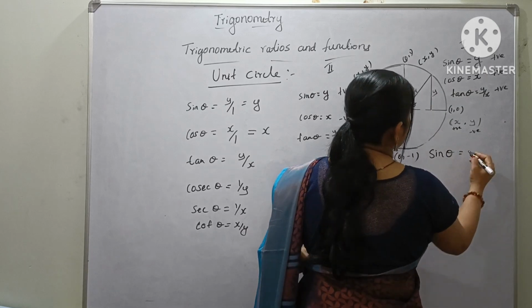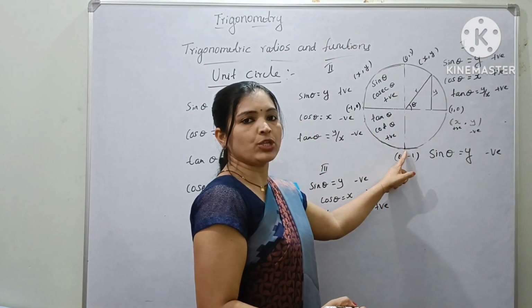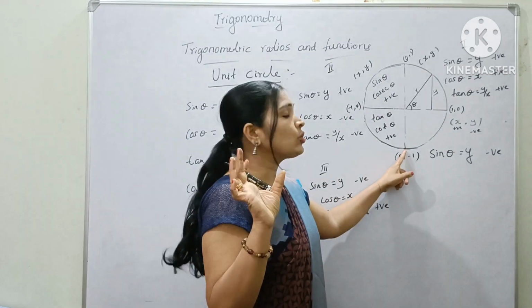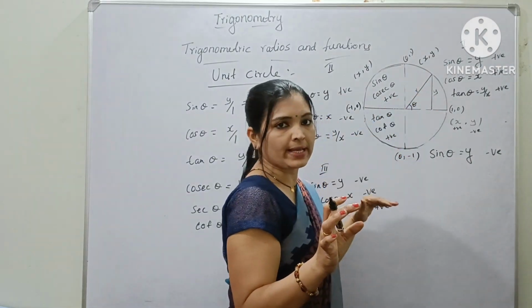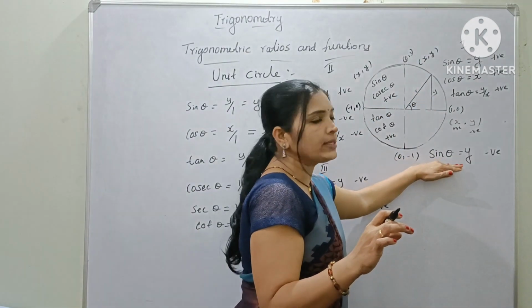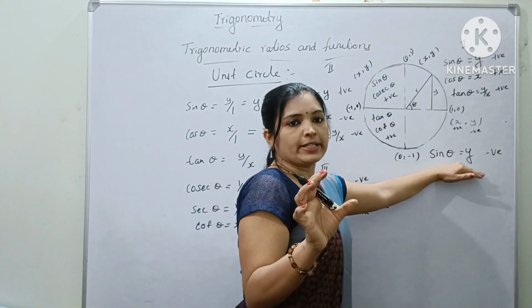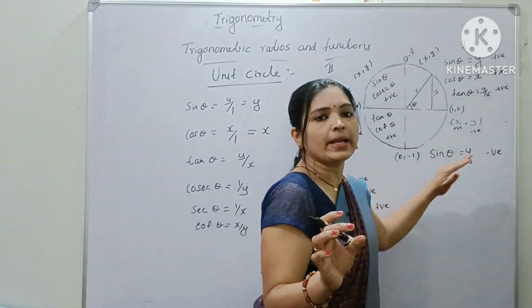Sin theta is y, which is negative in the fourth quadrant. Why? Because this region is between the negative y-axis and the positive x-axis. So all the values of y coordinates are negative, and sin theta is equal to y, which is negative.